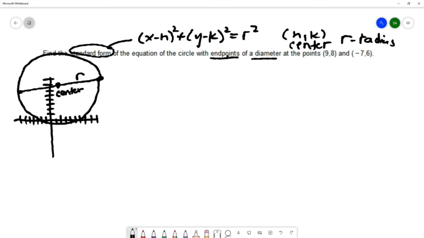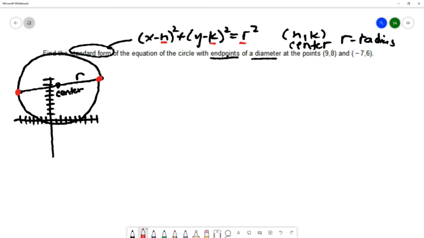So in order for us to write the standard form, we need to find the center and also the radius. And what we're given is these endpoints of the diameter. So we have a couple of formulas that are going to help us to find the pieces of information we need. We need h, k, the center, and r, the radius.